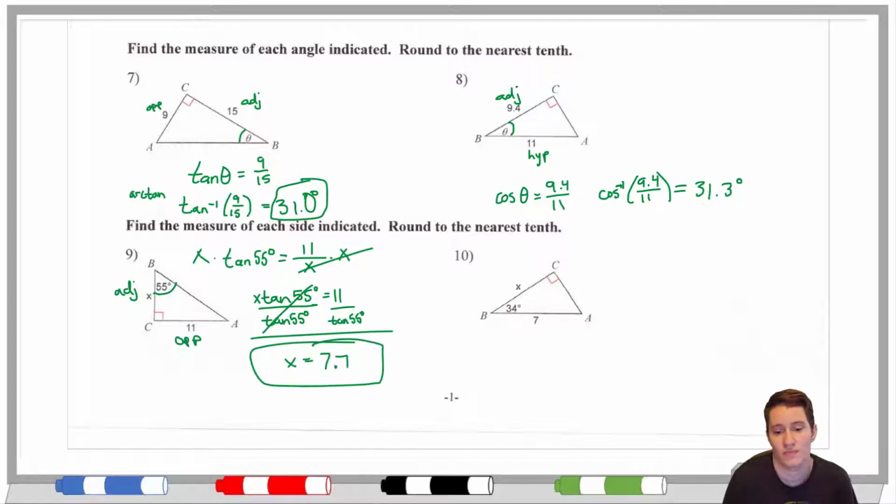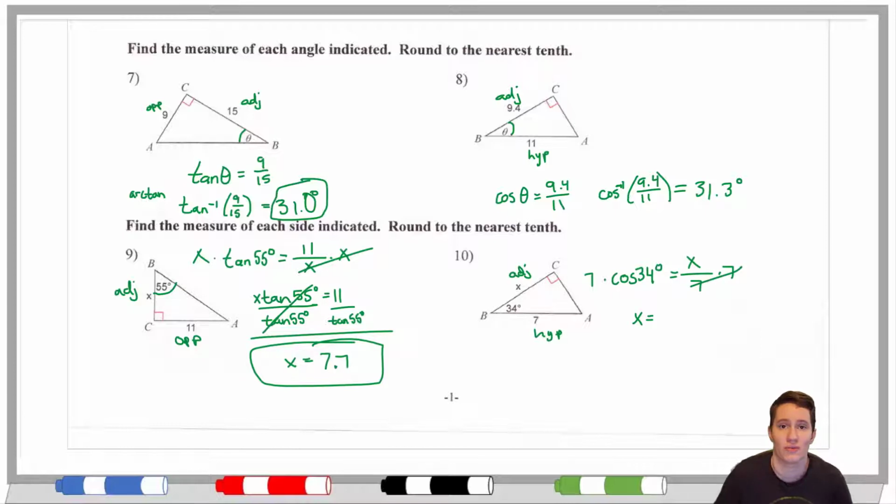This one is adjacent to 34 and 7 is the hypotenuse, so we're going to use cosine. Cosine of 34 degrees equals x over 7. When x is on top like this, it's easier when we're solving because all we need to do is think, well, let's times by 7 on both sides.